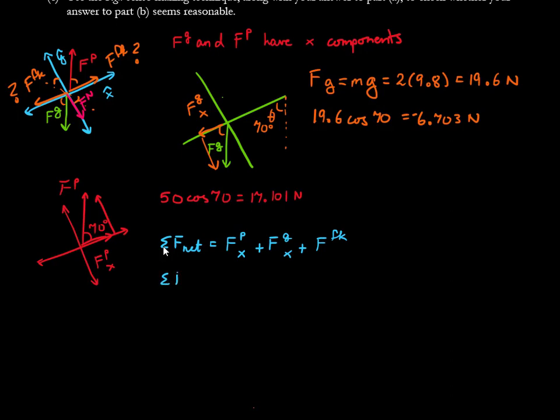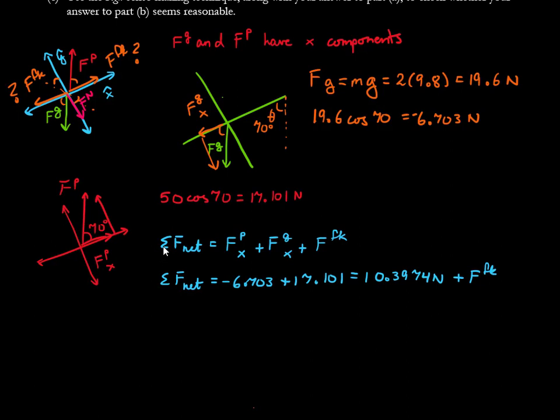And that would come out to F net equals 10.3974 newtons plus some unknown force of kinetic friction.